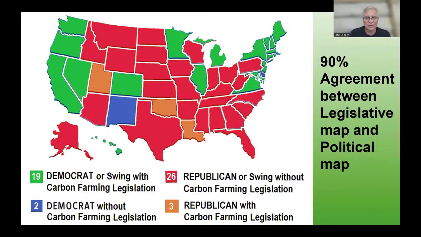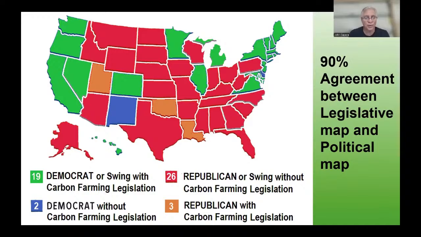The exceptions to this trend are incredibly small. We see only two Democratic-leaning states that lack legislation. They're colored in dark blue, and those are New Mexico and Delaware. Conversely, there are only three Republican-controlled states, Utah, Colorado, and Ohio, that buck the partisan trend and pass carbon farming legislation.